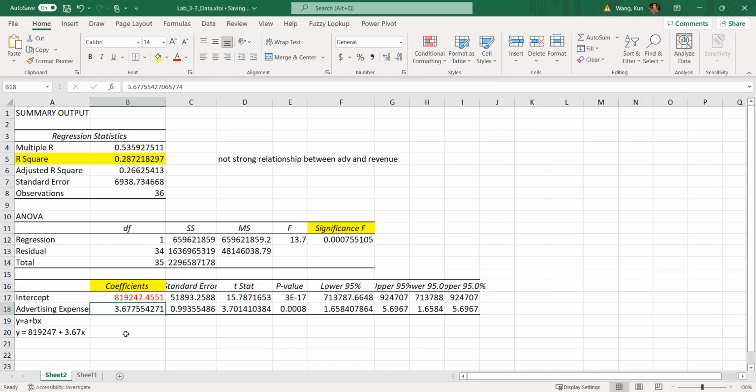So per dollar of my advertisement can increase my revenue by $3.67 with that interpretation. So for this relationship, each dollar of the advertisement can increase the sales by $3.67. I put the formula here, but you do have a fixed revenue already here.